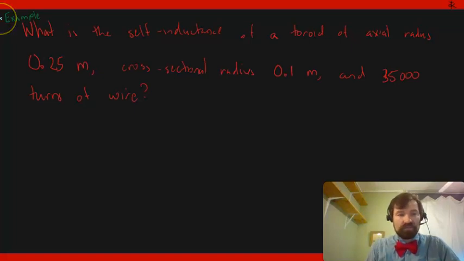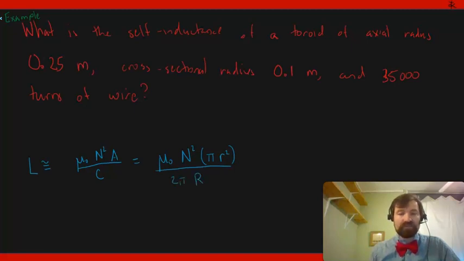So we can use our equation that says that L should be approximately mu naught times n squared times A divided by C. And so that is mu naught times n squared times pi little r squared divided by 2 pi big R. Notice that these two r's are not the same.